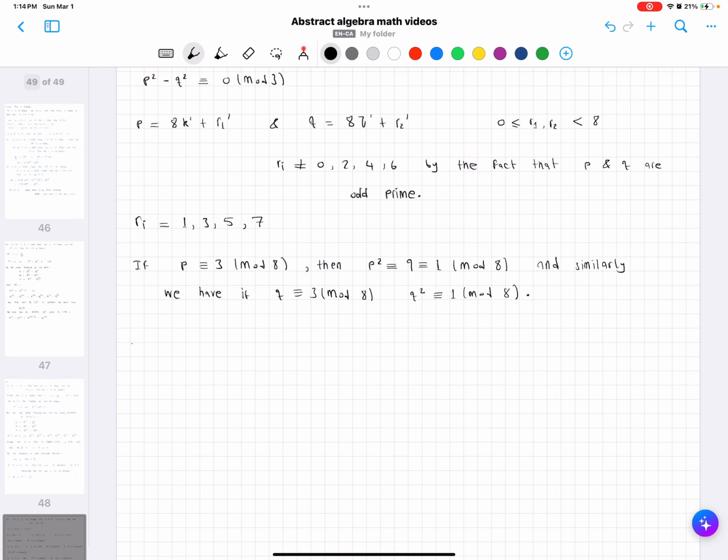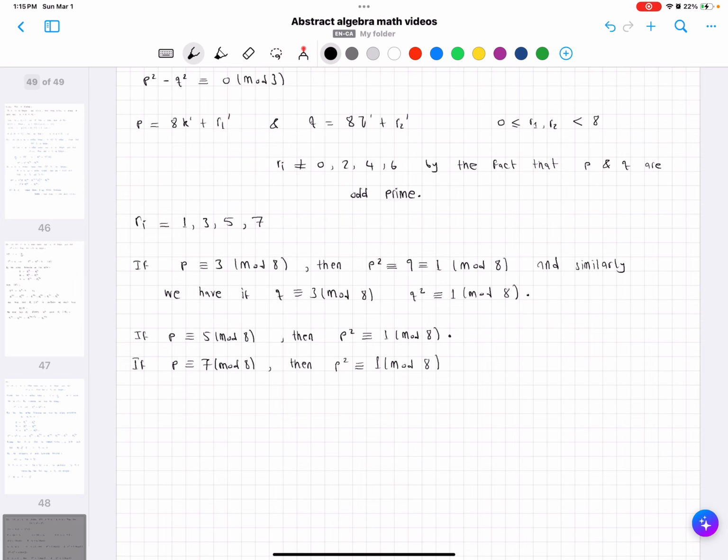If P is congruent to 5 mod 8, then P squared is congruent to 25, which is 1 mod 8, and if P is congruent to 7 mod 8, then P squared is congruent to 49, which is 1 mod 8 as well.